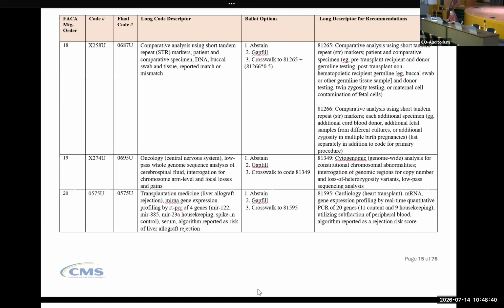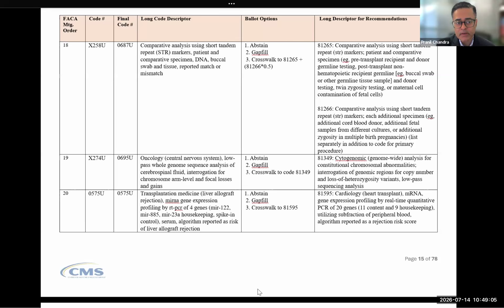Thank you. All right. We are staying with Dr. Chandra here for the next code, formerly known as X274U with a final code of 0695U. Thank you, Megan. This is an oncology code that is a cytogenomic genome-wide analysis.